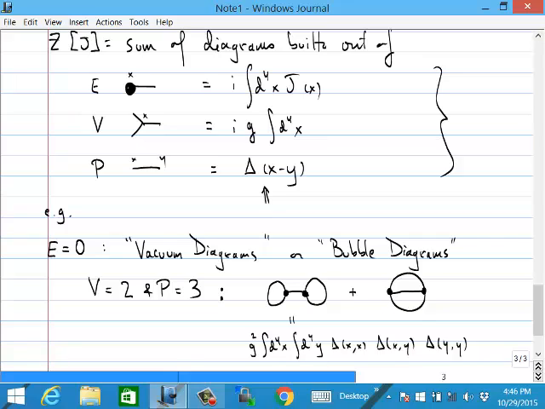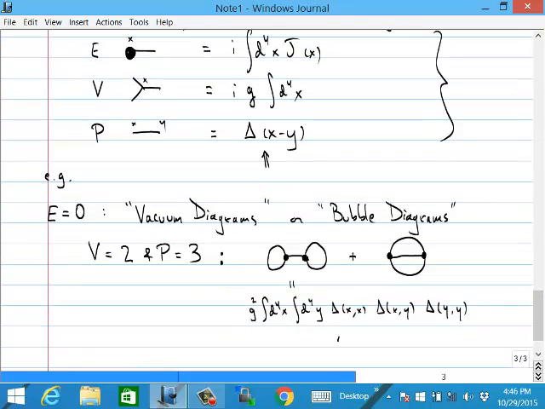Here, delta xy is the propagator between the point x and the point y. I suppose really, when I write the propagator, I've been writing it as a function of x minus y because I'm using the fact that there's translation invariance. So really, I should call that delta of 0, delta of x minus y, and delta of 0. That actually would be a more correct way of saying it.